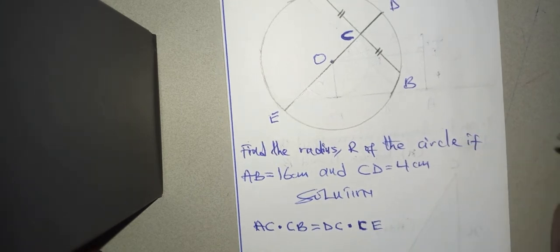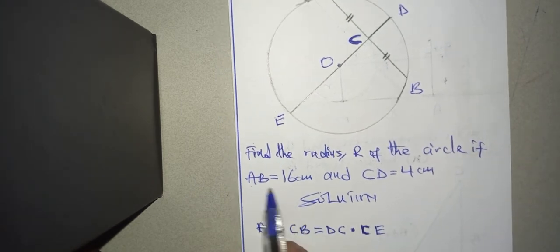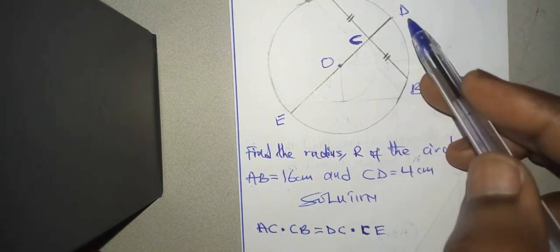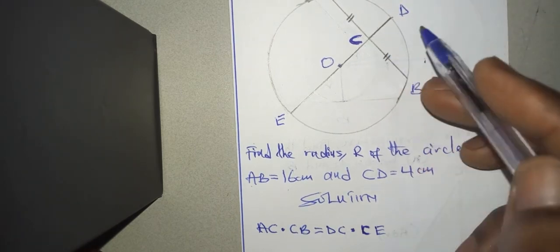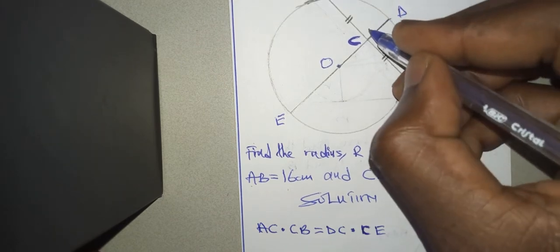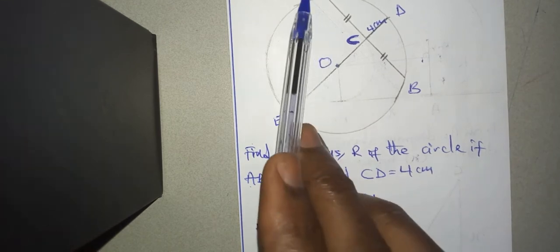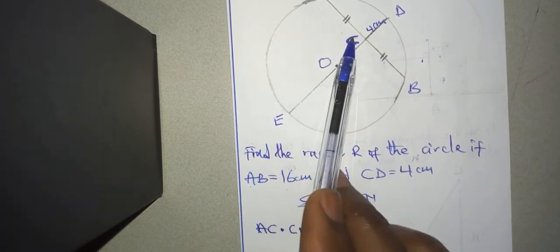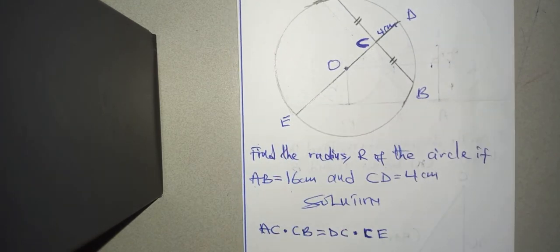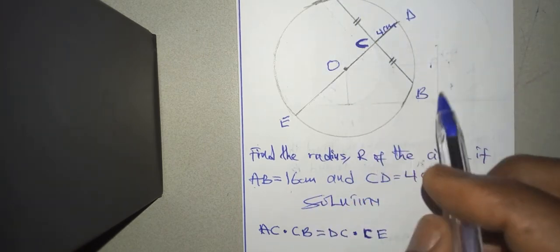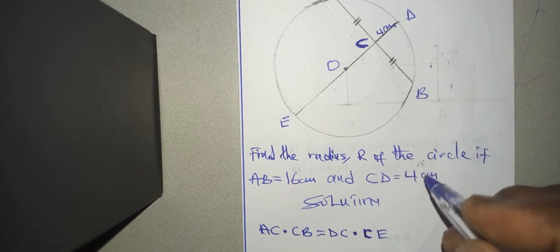Now let's analyze the problem. We are told that AB is 16 centimeters, and then CD or DC is 4 centimeters. So I will put my 4 centimeters here. Now look at this. This means that AC equals CB, and of course it is true, because CD is perpendicular to AB, and it's a perpendicular bisector.